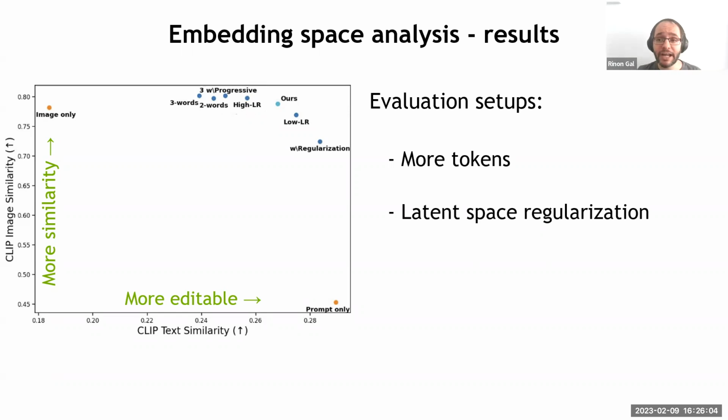On the other hand, the further away we let our model move from this area, right, by increasing learning rates, by adding more words to our prompts, well, we can get better reconstructions, but we're using inputs which are further out of domain, right? They're less similar to what the model knows how to work with, and then our editability suffers.